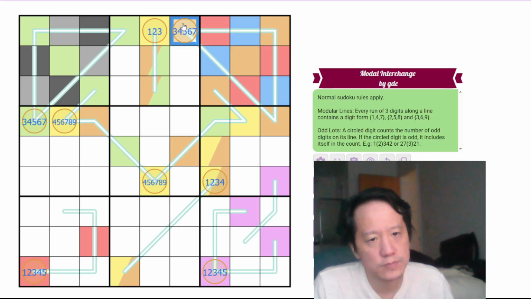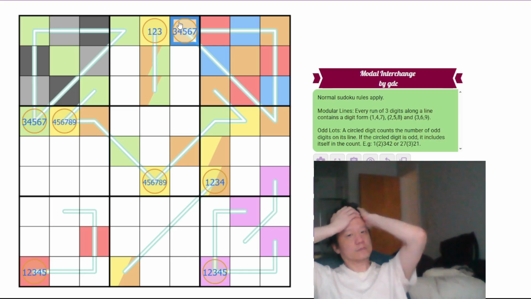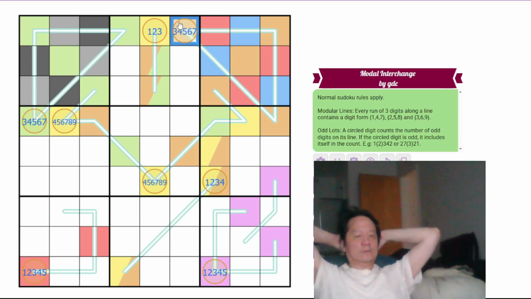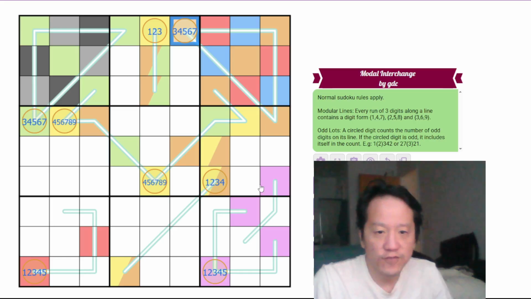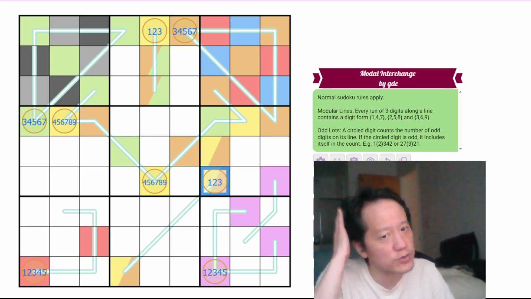Hmm. Oh, this can never be 4. If this were 4, the problem is that would be 3 odd digits plus itself, which would be 3 odd digits then. And that would not match. So this cannot be 4. It's 1, 2, or 3.